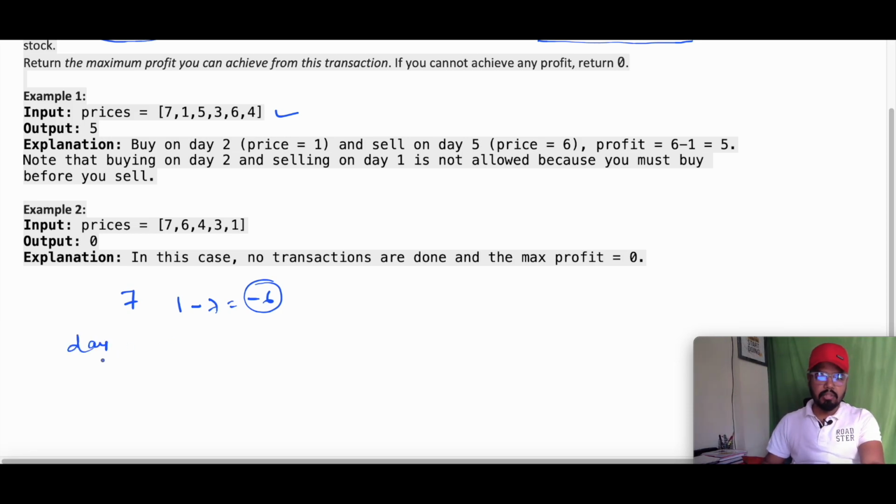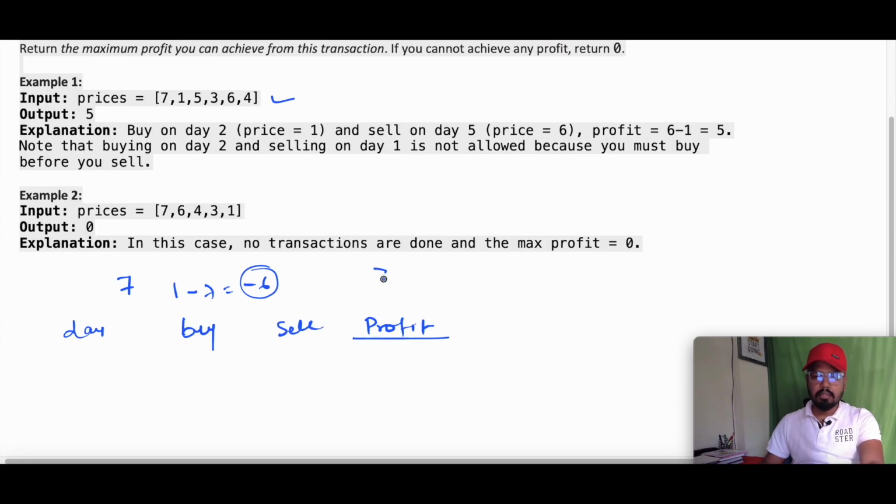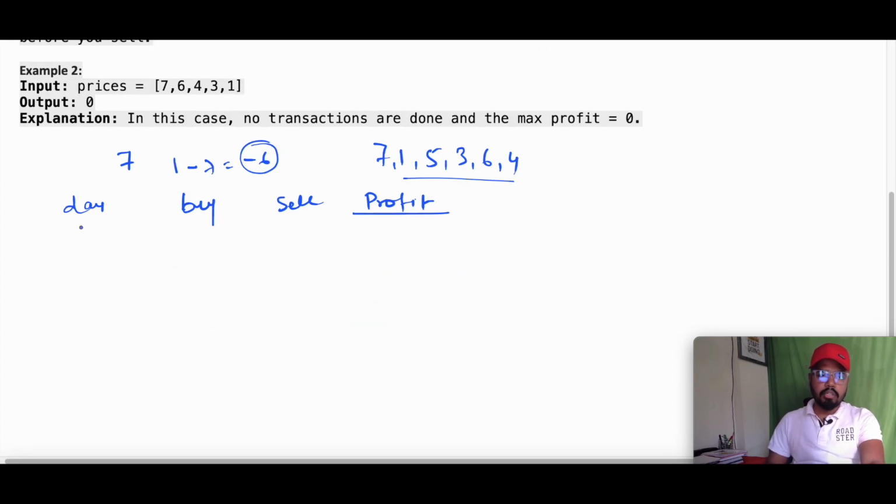In the table, we can mention the day, the buy price, and the selling price. Suppose on day 1 you buy the stock, the buy price would be 7. If you sell the stock on day 2, you will get negative, meaning you will be in loss, so there is no profit.